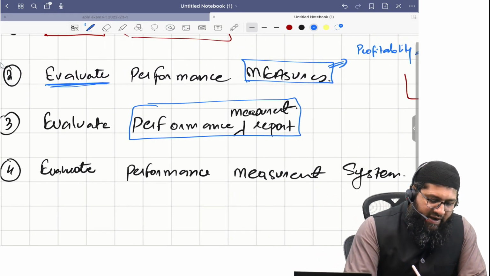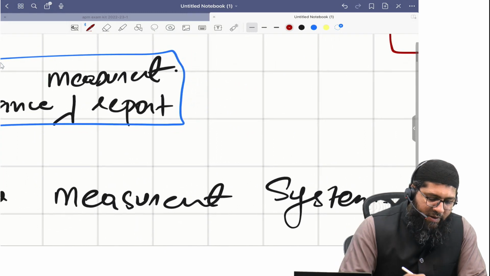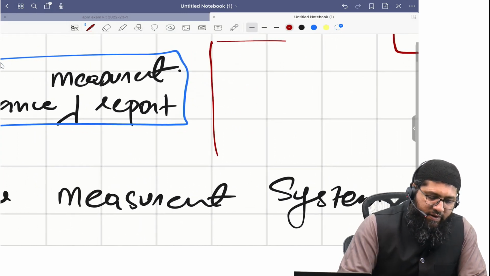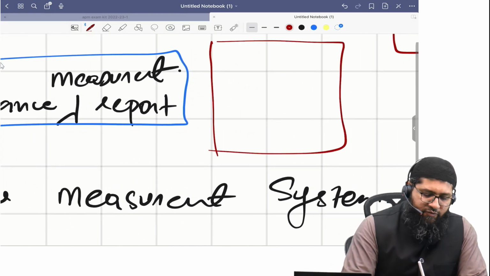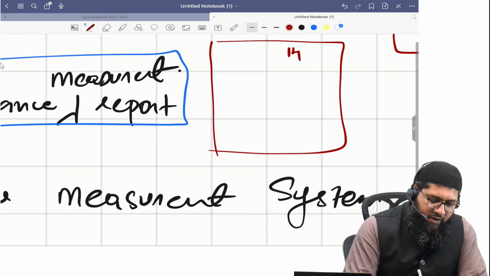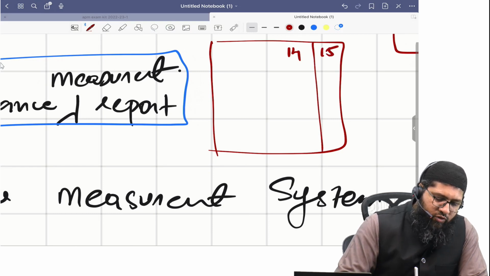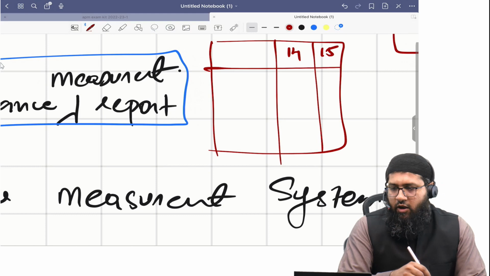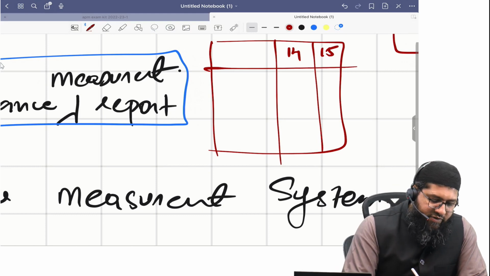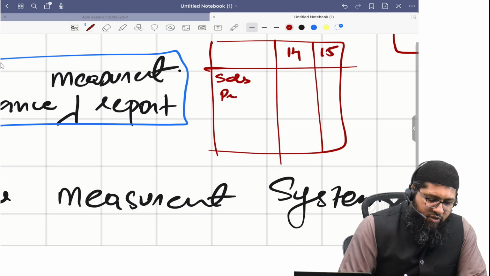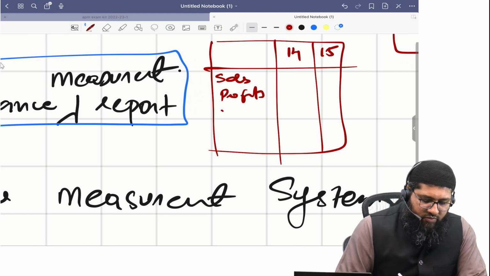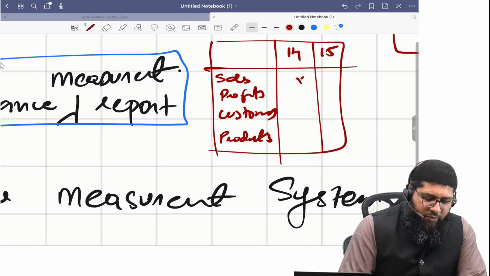See, what happens is that when we actually prepare a report for the management, we could prepare different types of reports, let's say for 2014, for 2015, and so on. We could say a lot of things. We could give details of sales, details of profits, details of customers, details of the product, and so on.